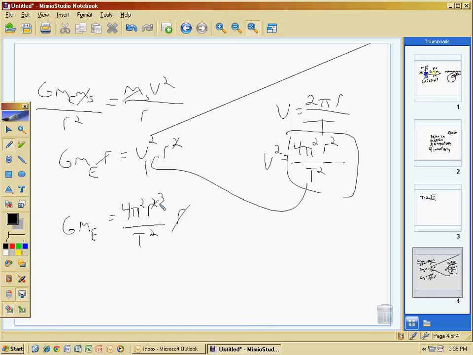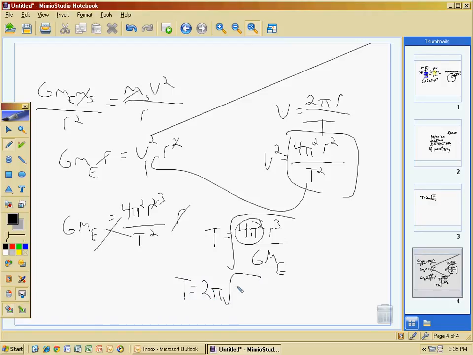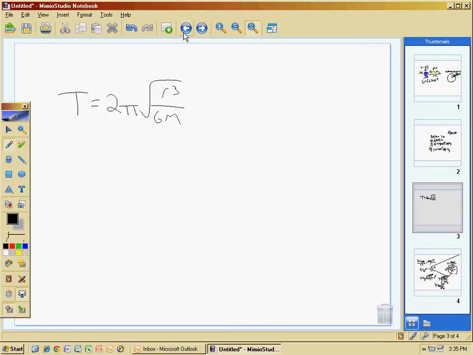And then the final step, we're going to solve this for T. So when we cross multiply here, we're going to get T squared equals 4 pi squared r cubed over G, mass of the Earth. And we're going to take the whole square root of that, which gives you T equals 2 pi times the square root of r cubed over the gravitational constant times the mass of the Earth. Which, by the way, is that equation right here. All right, so that's where it comes from.